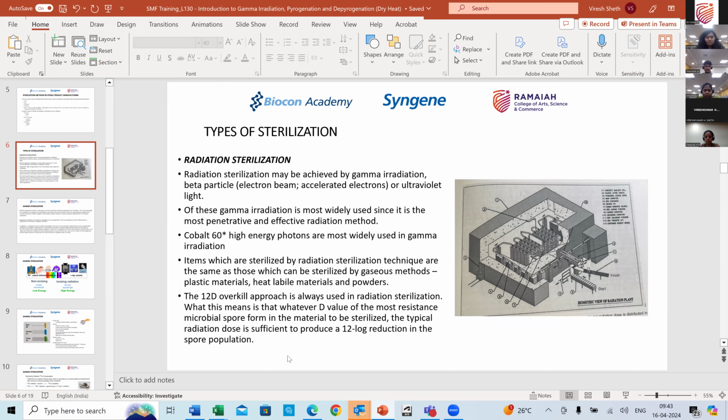Even the cells start to die. When they get into the death phase, they start to emit toxic materials from their body, which is the endotoxin.